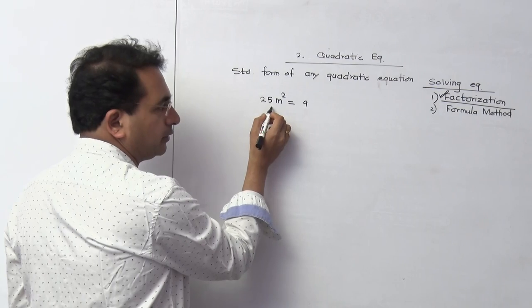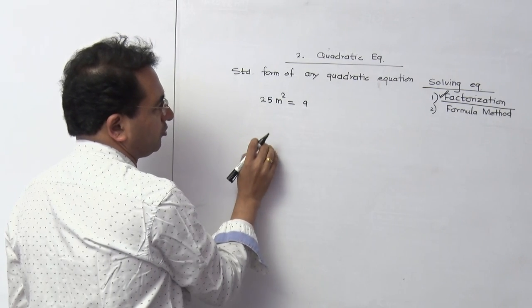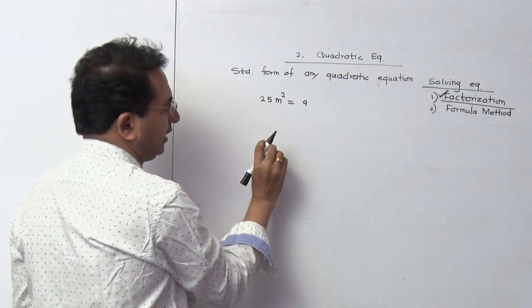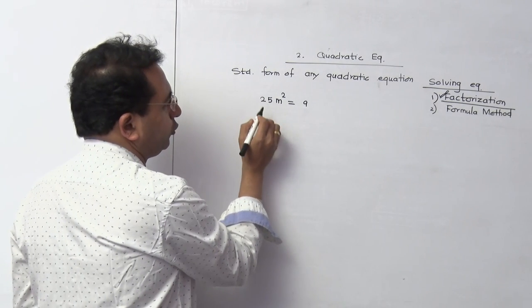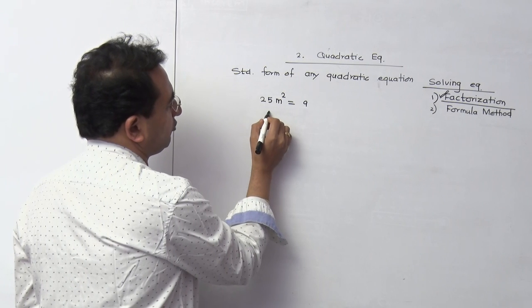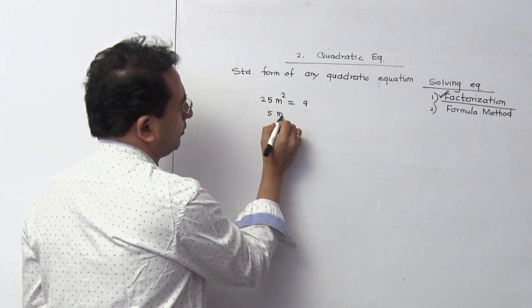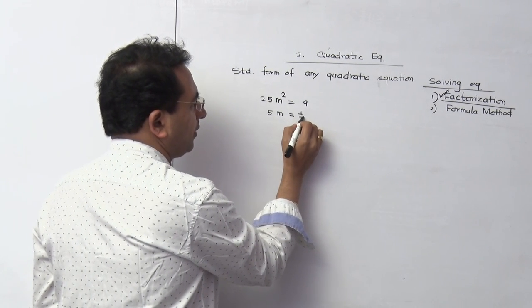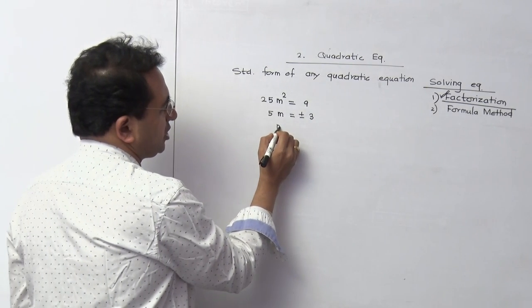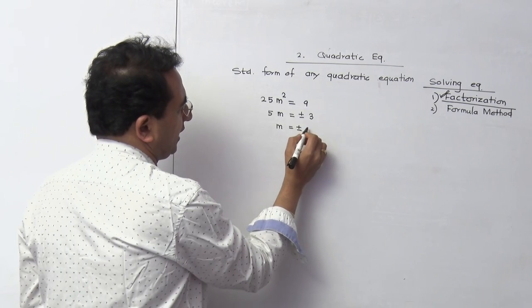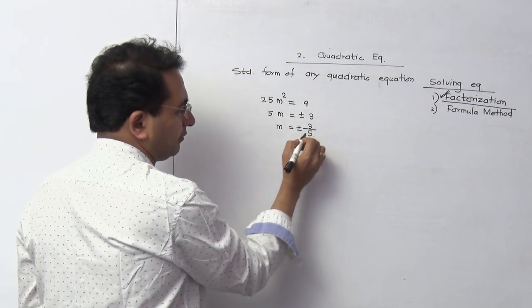When you take the square root, I know it is plus or minus, but remember one basic thing: wherever you have a variable, there you don't write plus minus. This one is going to be 5m. Here you can write plus or minus 3. Correct? So m is equal to plus or minus 3 by 5.